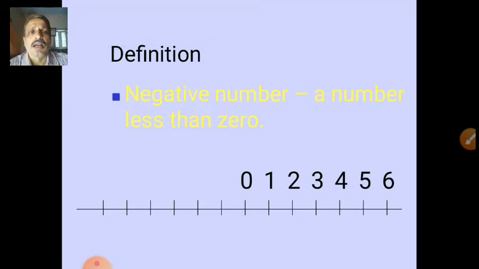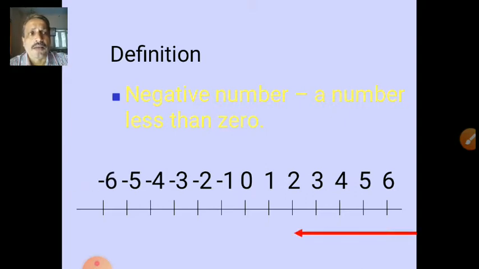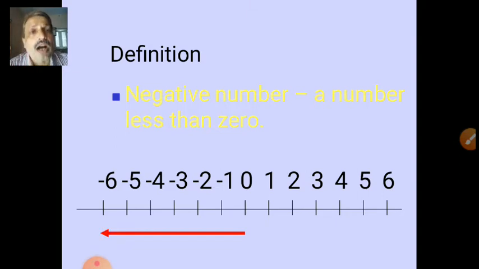A number less than 0 is known as a negative number: minus 1, minus 2, minus 3, minus 4, minus 5, minus 6. It is shown on the number line on the left side of 0. Here you can see the arrow also. It shows us that negative numbers always come to the left side of 0.